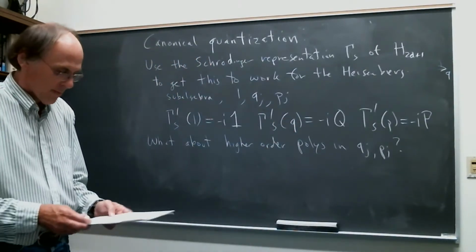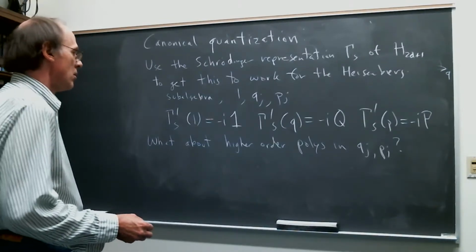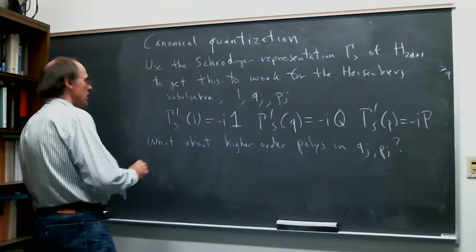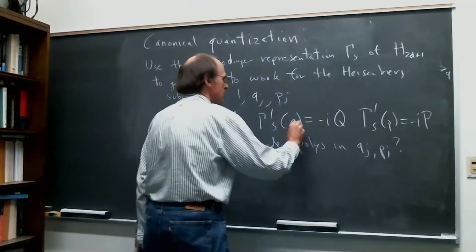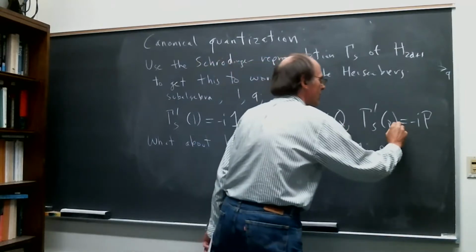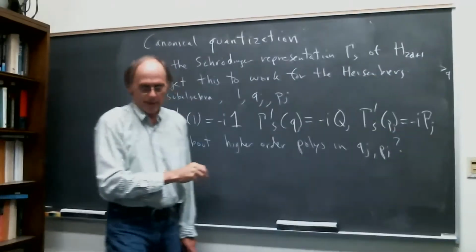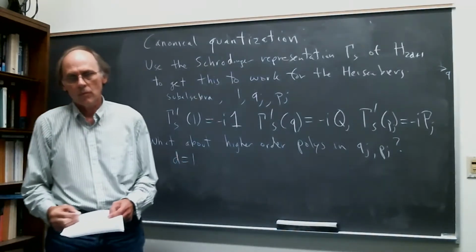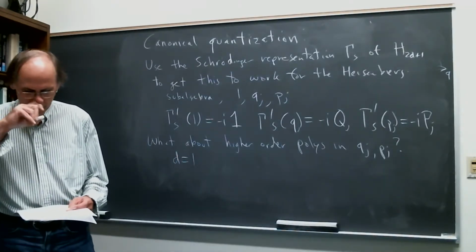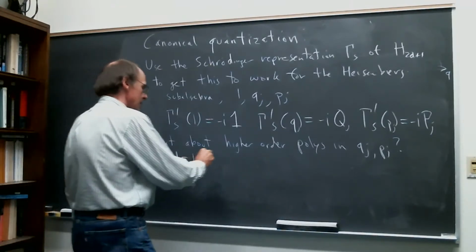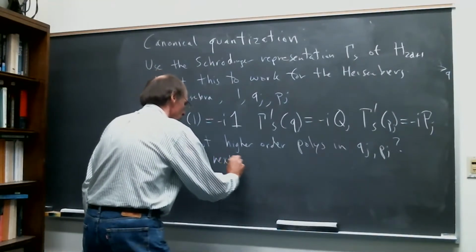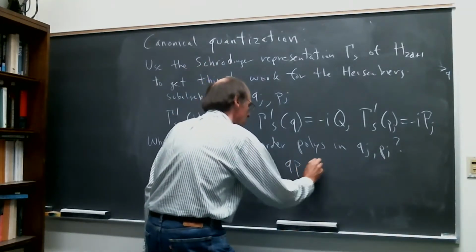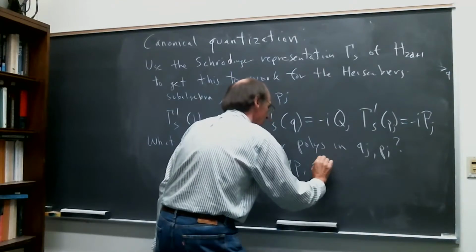Okay, so this is true for any D, but now let me go to D equal to 1. Then at the next order, you have QP, Q squared, and P squared.